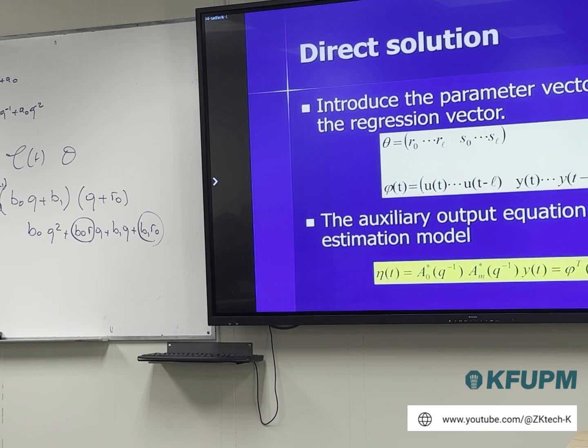So this is the Diophantine equation. Basically you take all these equations that you have there, reconvert them to Q minus 1, and then extract your value of y of t with respect to the update that you have on the right hand side. But another way to do it is to look at A0 Q minus 1 and A times AM as a filter.